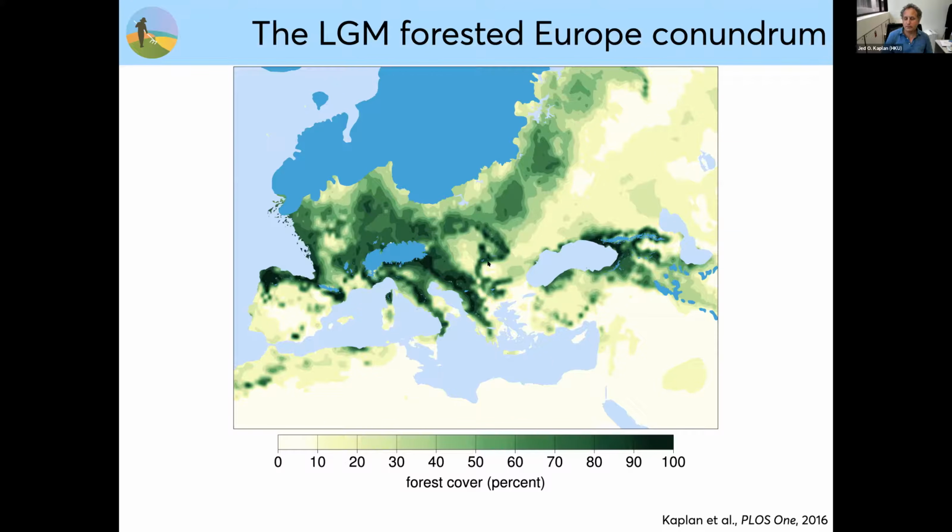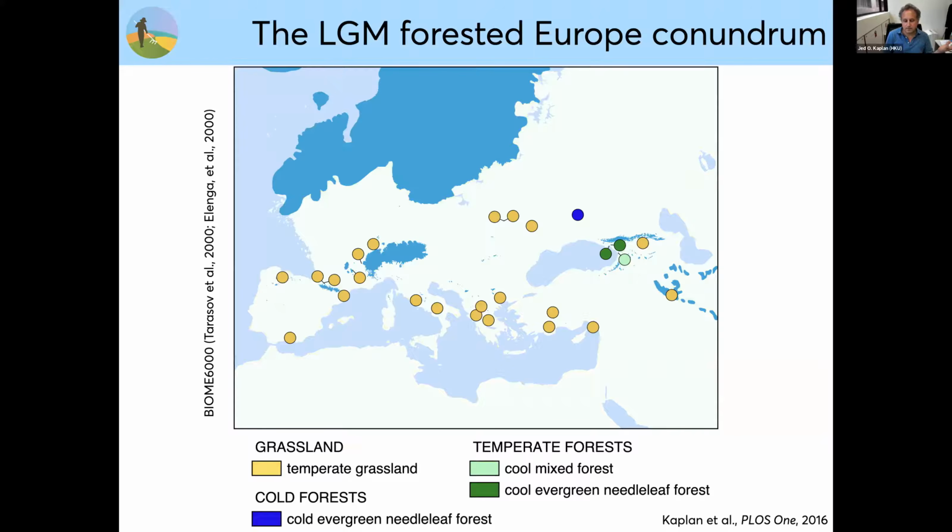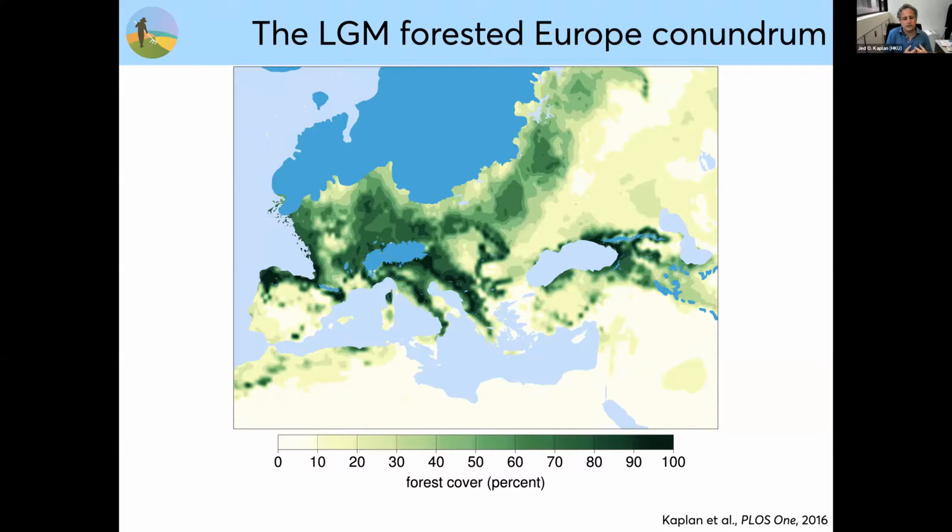And this is a problem, this is a conundrum, because how could we reconcile this kind of map, which suggests there's a lot of grassland, with this kind of map, which suggests that there should have been a lot of forest? One of the ideas I had several years ago now was that perhaps the models being used to generate this kind of land cover map are missing a key process.